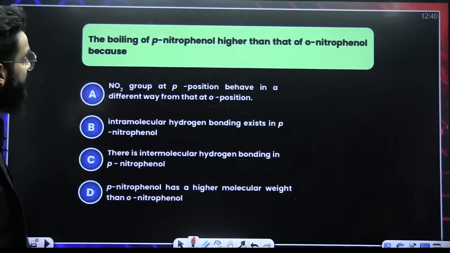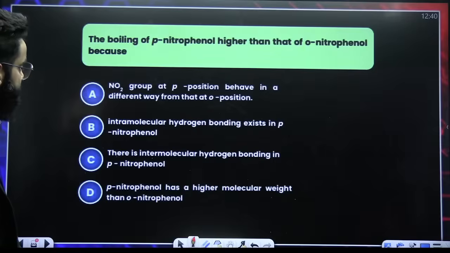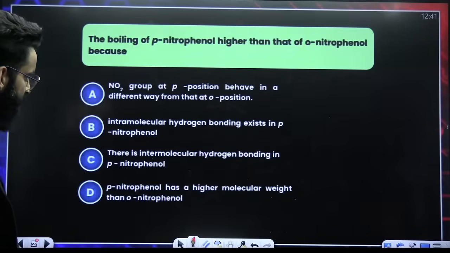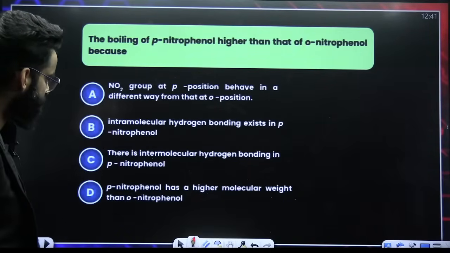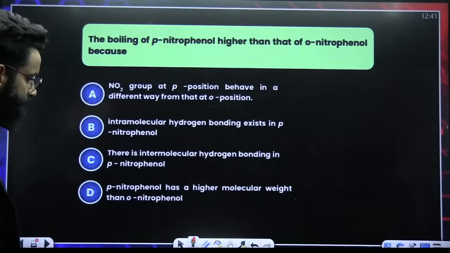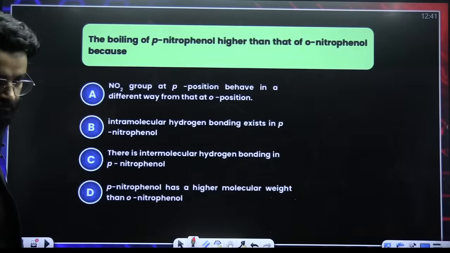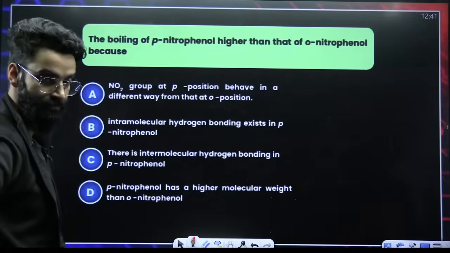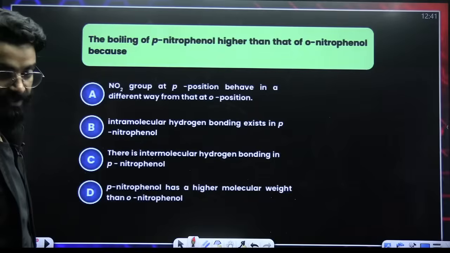The boiling point of paranitrophenol is higher than that of orthonitrophenol because of what?